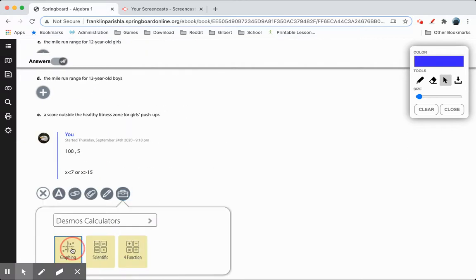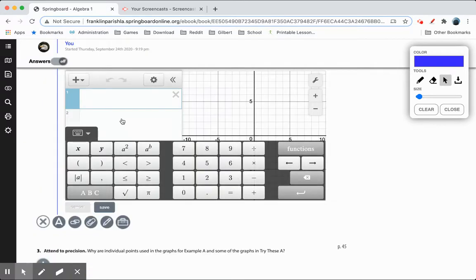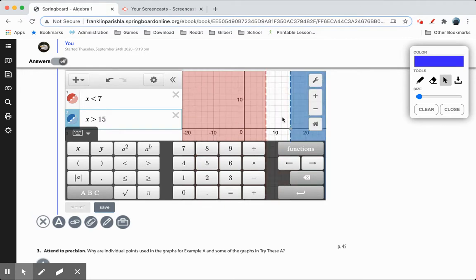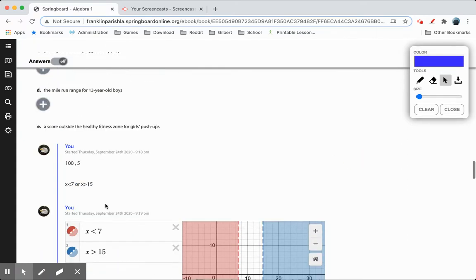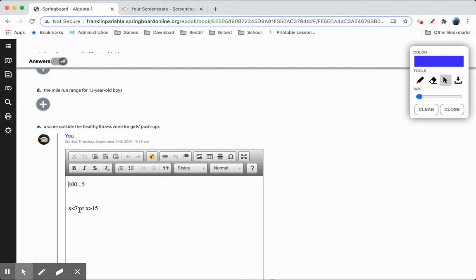It figures. x is less than 5, no, 7, I'm sorry, and x is greater than 15. And you see here how it includes the 2 right there. All right, let's save that. Let's delete this mess.